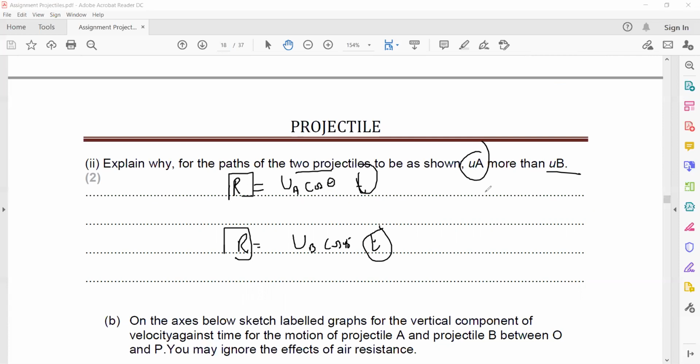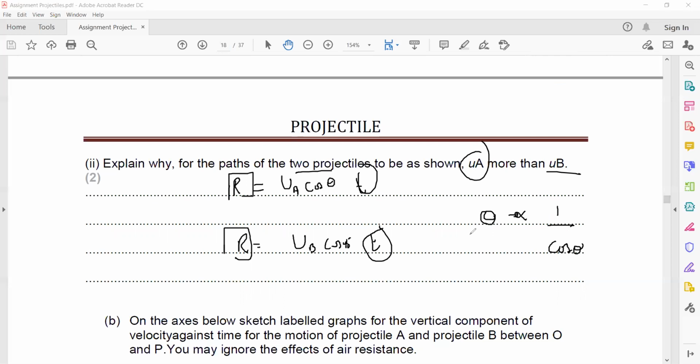Because the launching angle of A is more. If the launching angle is more, the horizontal speed changes, because cos 0 is maximum and cos 90 is 0. When the value of theta increases, the value of cos theta decreases, so the relation between theta and cos theta is inverse.